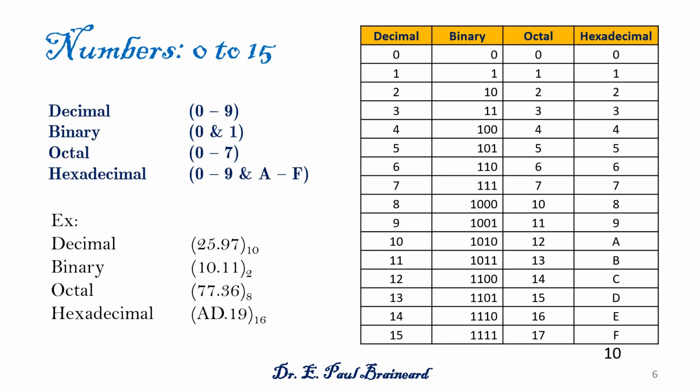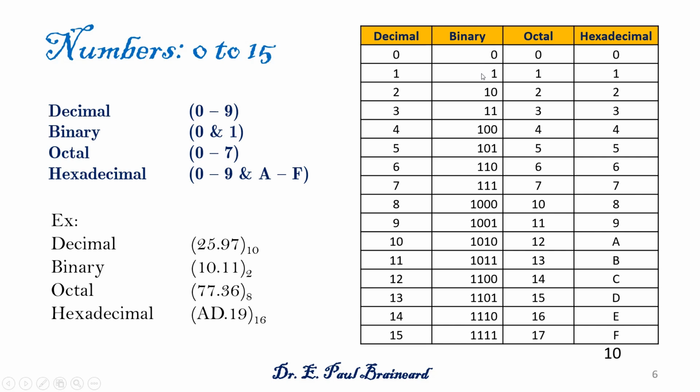Let's write decimal numbers from 0 to 50 and the equivalent binary, octal and hexadecimal numbers. What I suggest is please pause the video and write on your own. First column decimal numbers, and second column let's write binary numbers: 0 then 1.